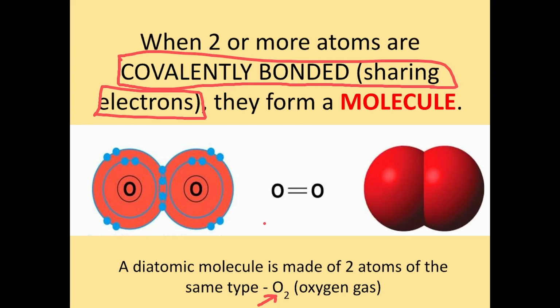It's pretty rare that you find one oxygen by itself. Occasionally you'll find 3 together, and that's ozone, but that's totally different stuff. Hydrogen is also diatomic. Nitrogen is also diatomic, and there's a few others that are diatomic. But anyway, covalent bonds form molecules.